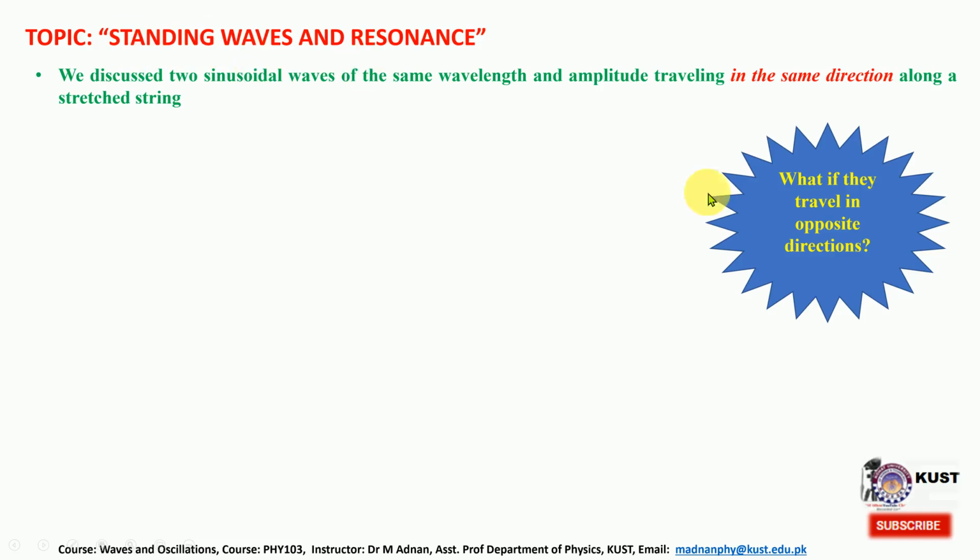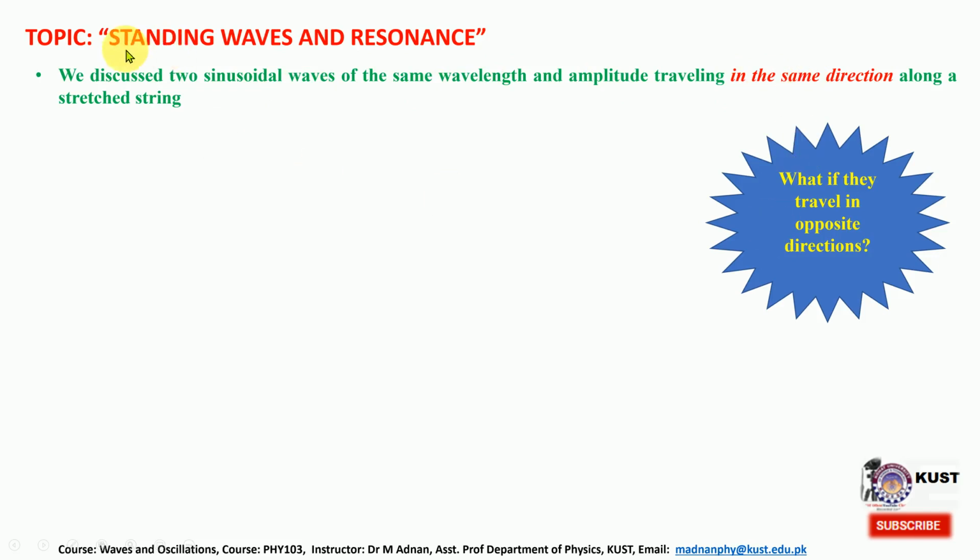For that, we start with this question: what if they travel in the opposite direction? By they, I mean the two sinusoidal waves. Previously we discussed the resultant wave of two sinusoidal waves having identical wavelength and amplitude traveling in the same direction.